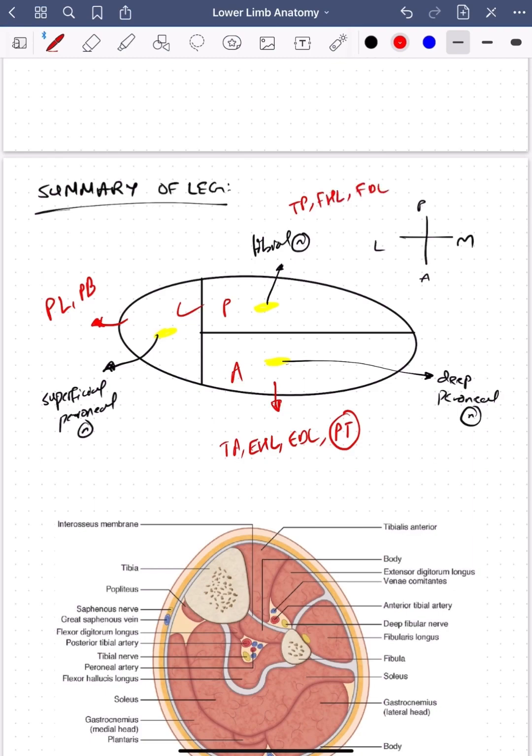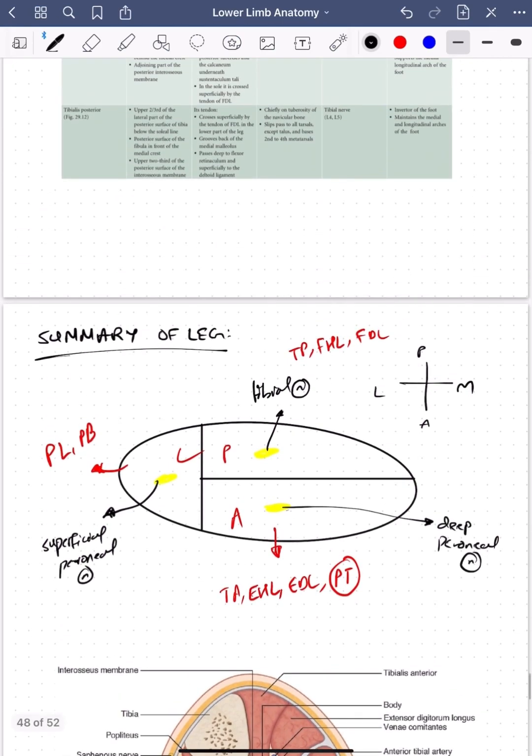Now the nerve supply. I have mentioned to you before that the sciatic nerve has two parts, the tibial and the common peroneal nerve. The tibial nerve goes on to supply the posterior compartment.